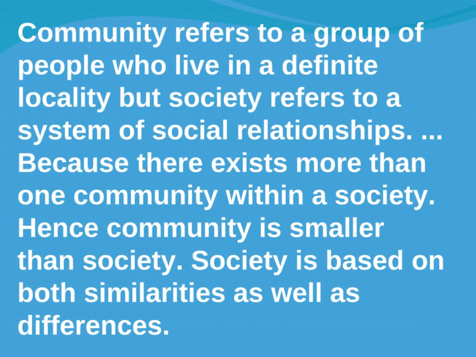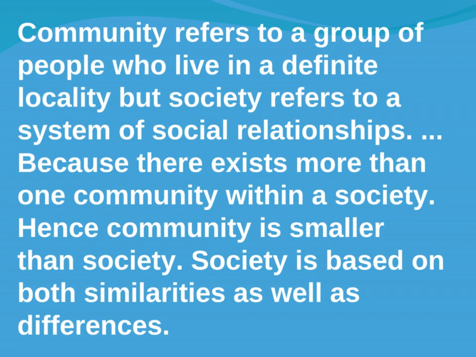Let us start with the definition of community in comparison with society. When we say community, it refers to a group of people who live in a definite locality, but society refers to a system of social relationships, because there exists more than one community within a society. Hence, community is smaller than society.